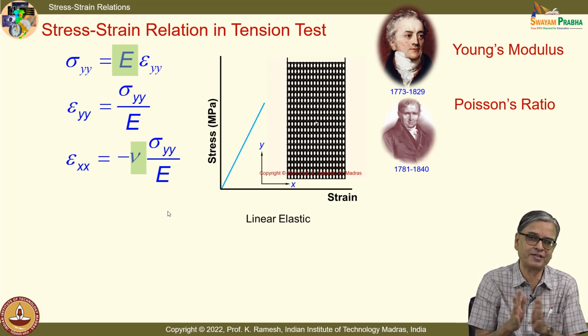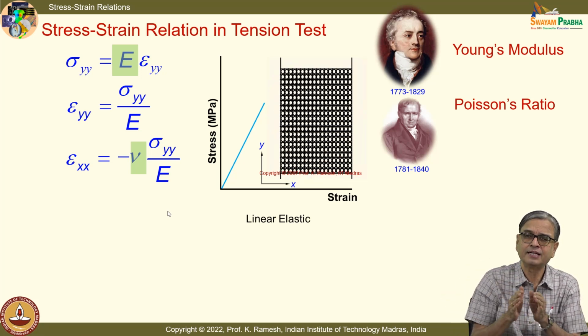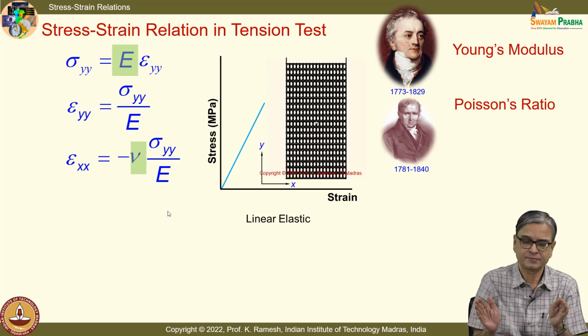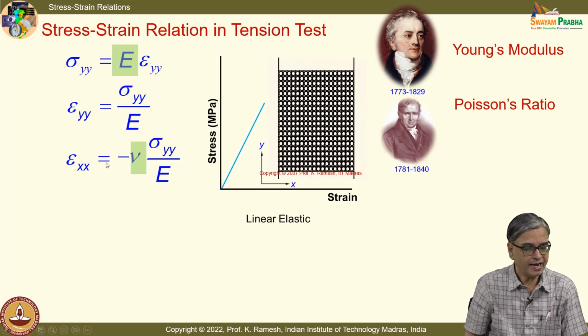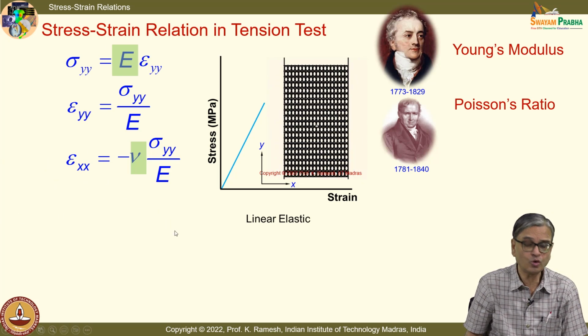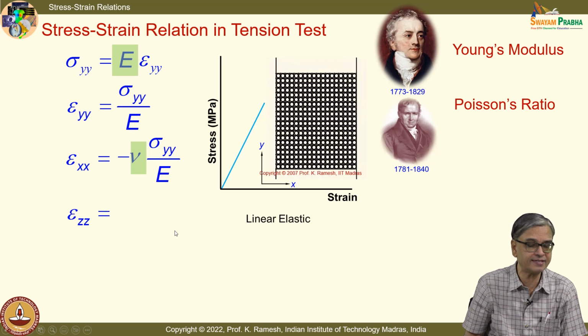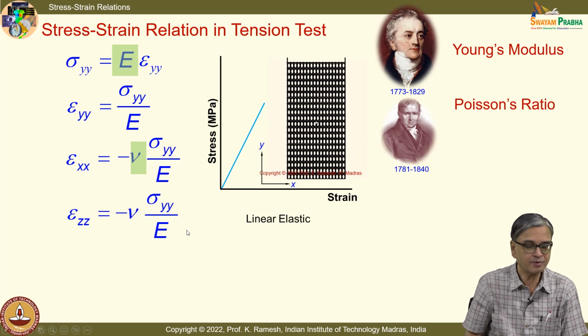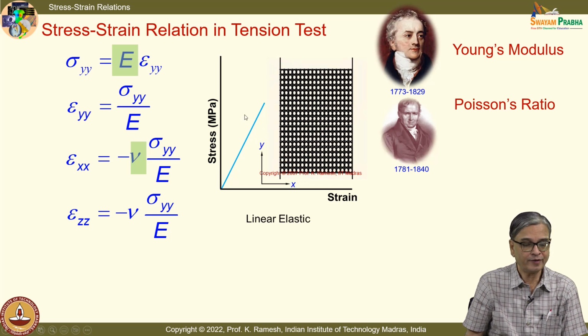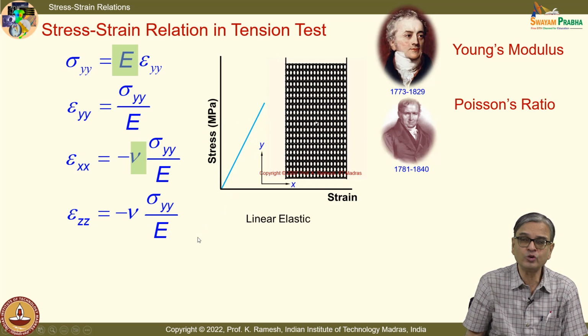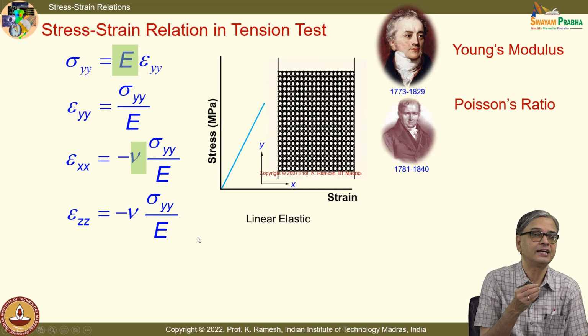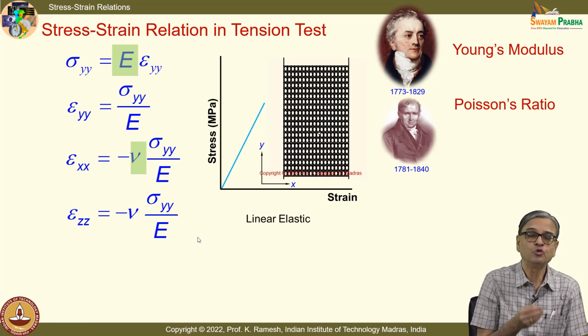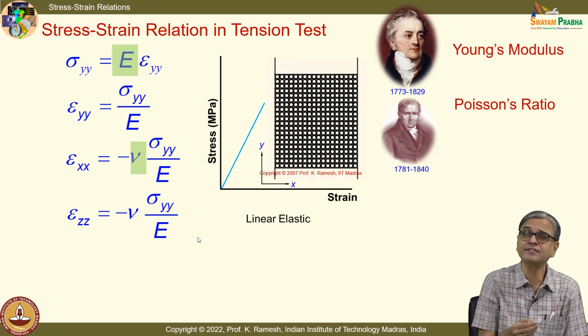That's the natural behavior. If I compress, then it will bulge out. Okay. And you have epsilon xx, you also have epsilon zz, that is also minus nu times sigma yy by E. So when you conduct a simple uniaxial tension test, you find the strain is triaxial.